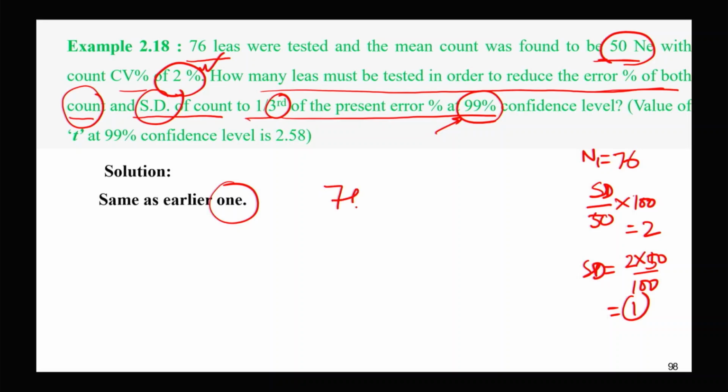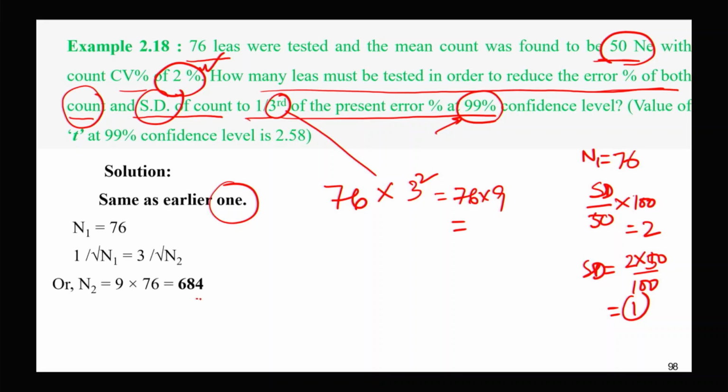The 76 was the present number, multiplied by 3 square. So, 1/3, 76 multiplied by 9. The number of readings will be 684.